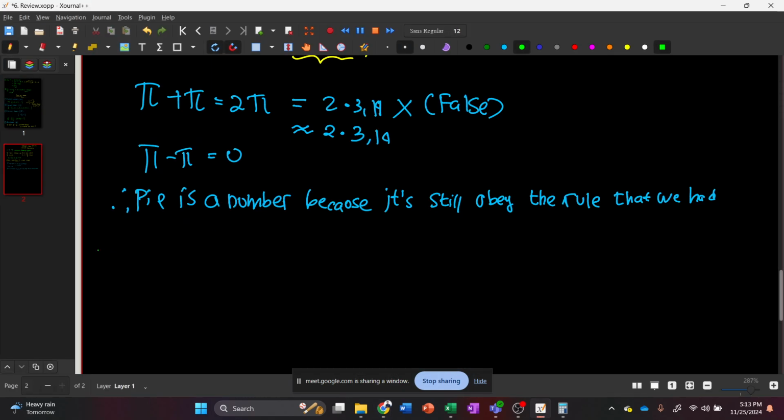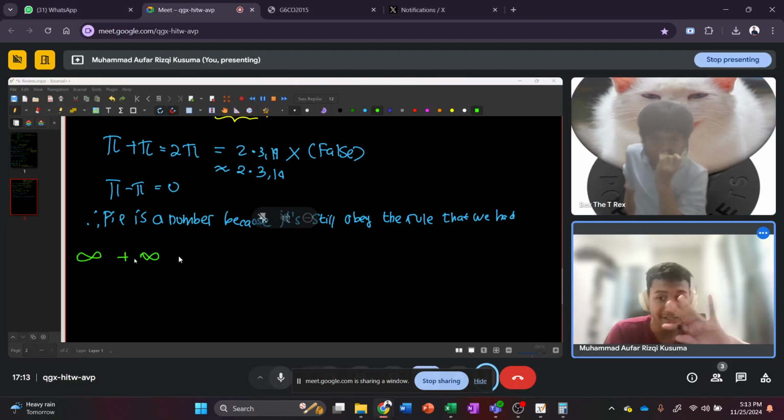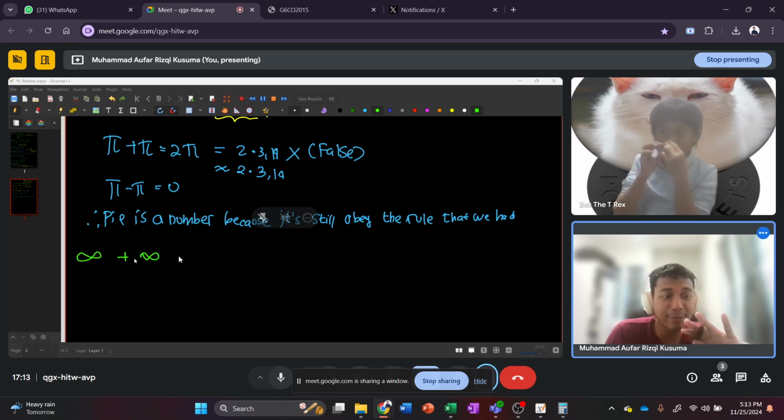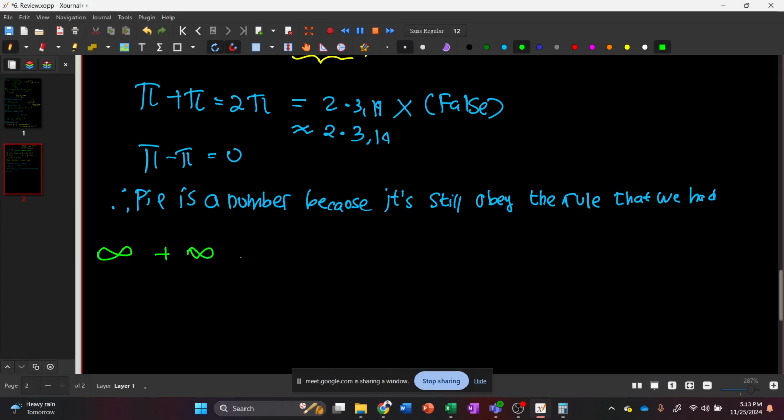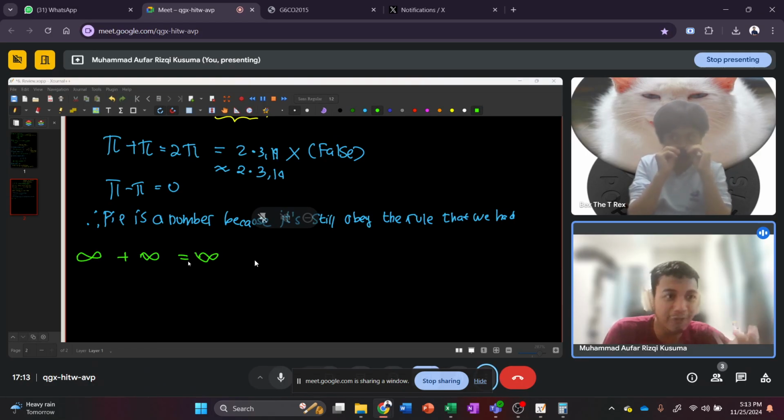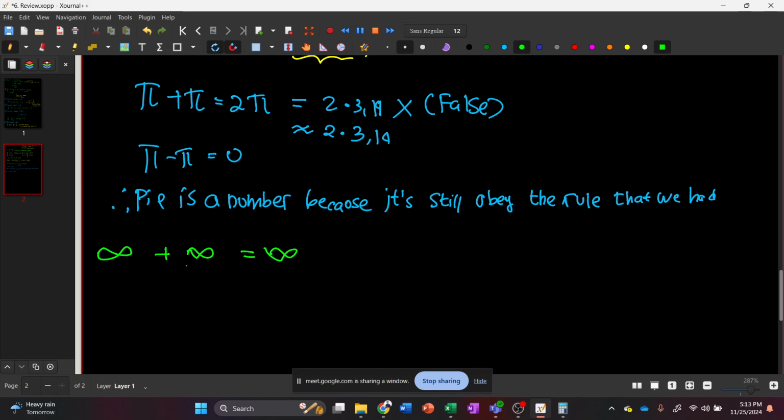Another example is infinity plus infinity, if we just assume that we can do plus with infinity. So infinity plus infinity will become just infinity, right? There's no such thing as 2 infinity, right? That means I can subtract infinity from both sides.